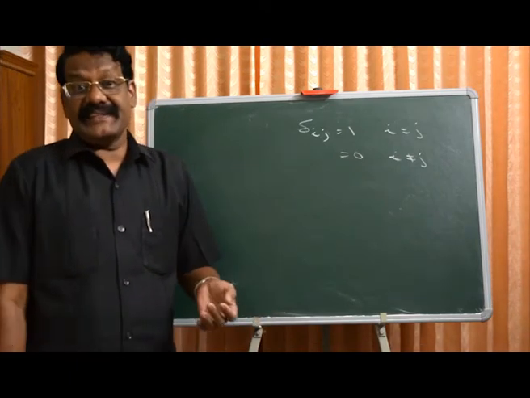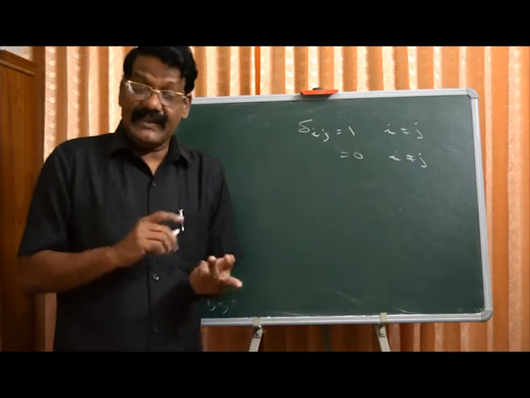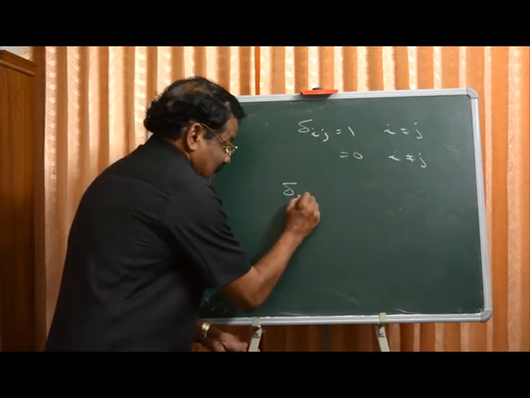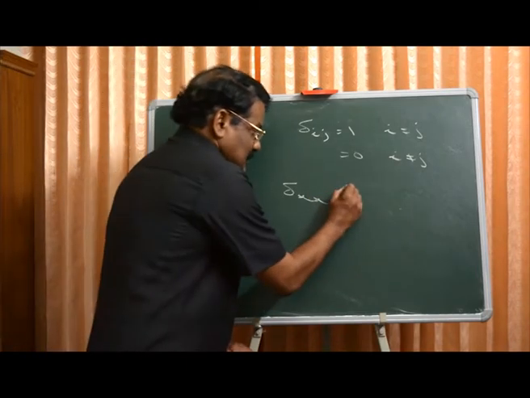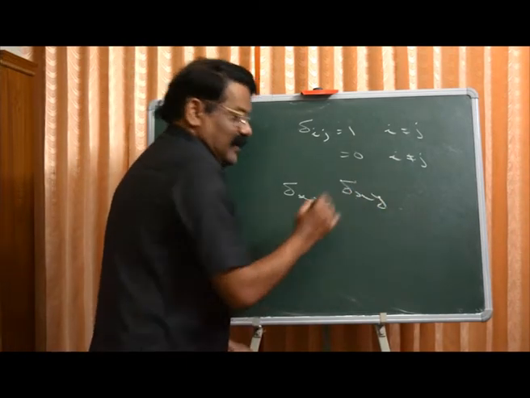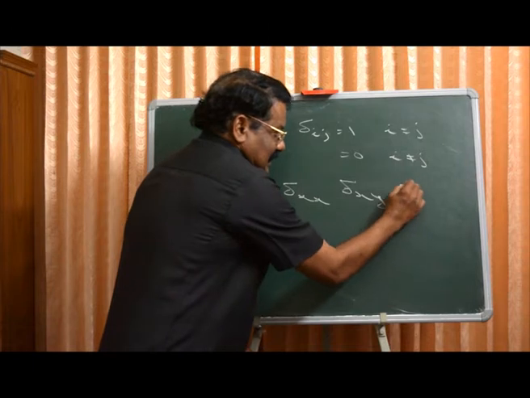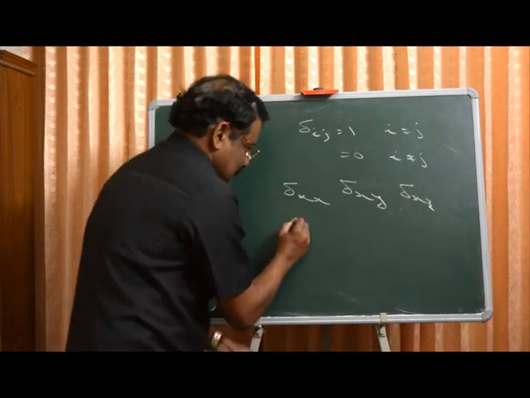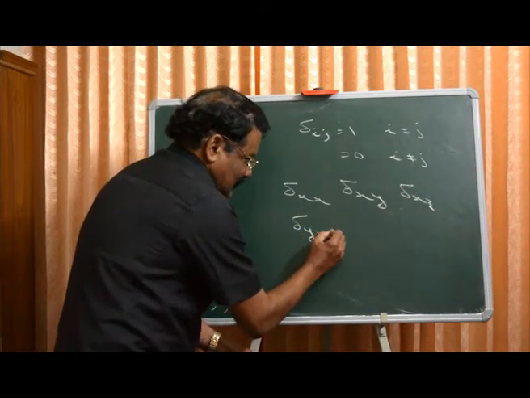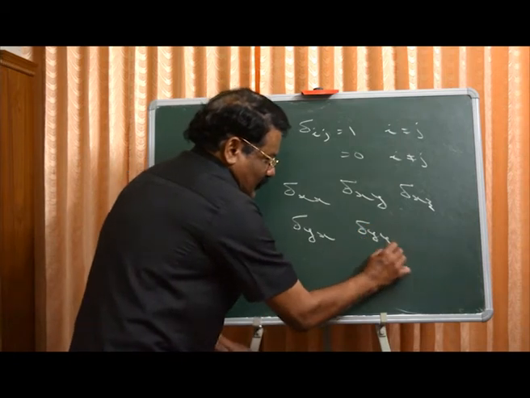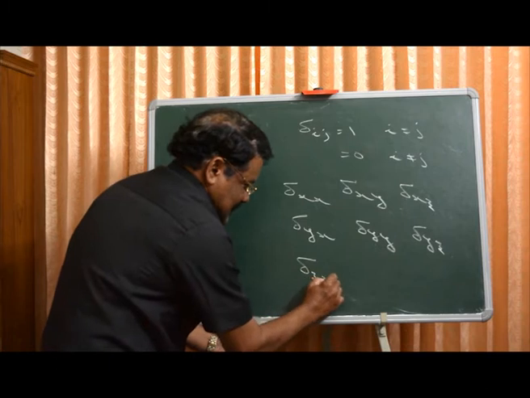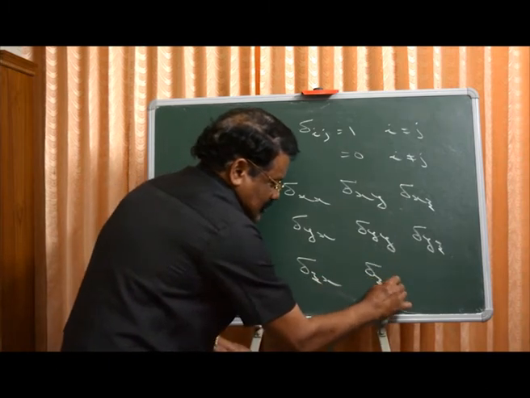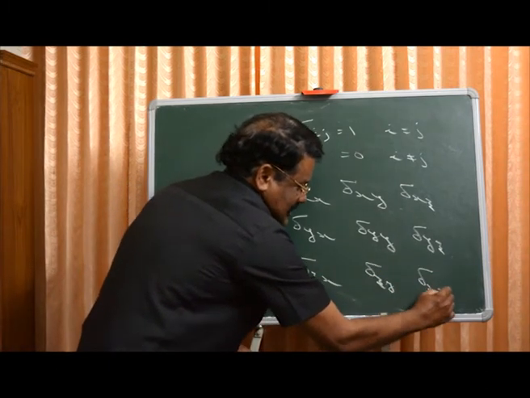For example, delta xx is 1, where i is equal to x and j is equal to x. Next one is delta xy. Third one is delta xz. Fourth one is delta yx, delta yy, delta yz, delta zx, delta zy, delta zz.